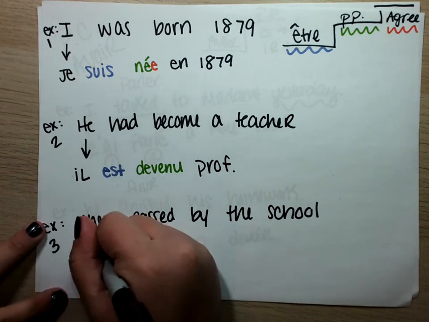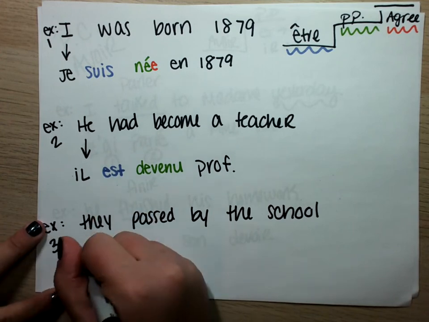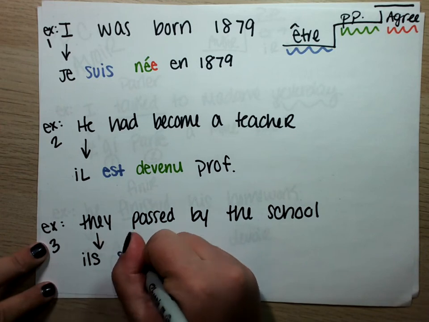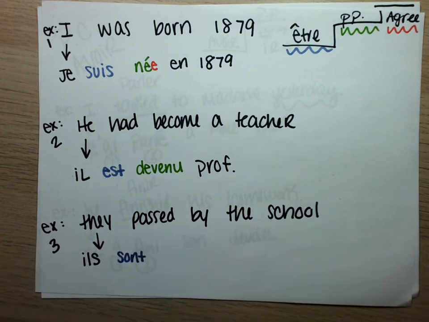So to say they passed by the school, we're going to bring our subject down. I'm going to make this masculine. So ils. Now we need our être. So ils sont. Now we need our verb. Passer par is going to be our verb. Now passer par is regular. It follows the rule of an er verb ending in é accent aigu.